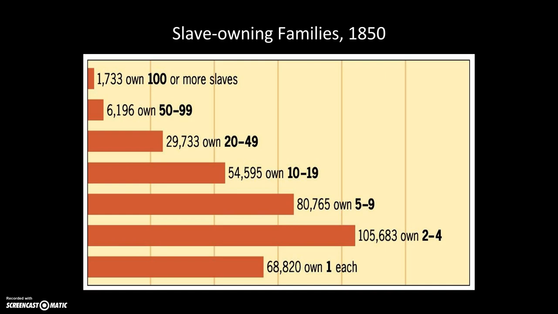So you can see here that the vast majority of the South probably owns 1 to about 10 slaves. So you see 100,000 there with 2 to 4, 68,000 with 1, 80,000 from 5 to 9. So really the majority of the South are not these massive plantations that have all these slaves, like the Grimke family, for example. Most of them are just more modest owners of maybe just 1 or 2 slaves.